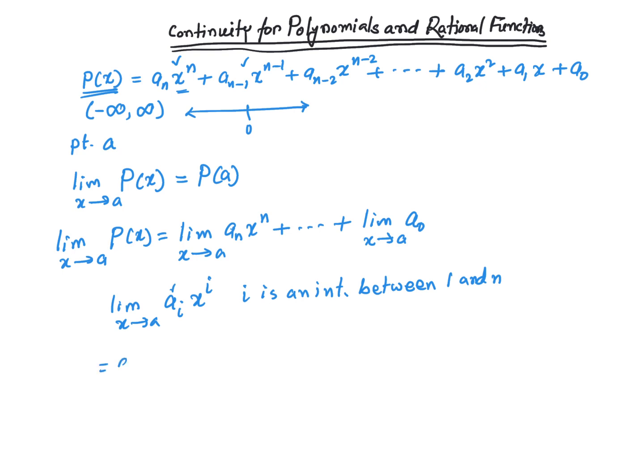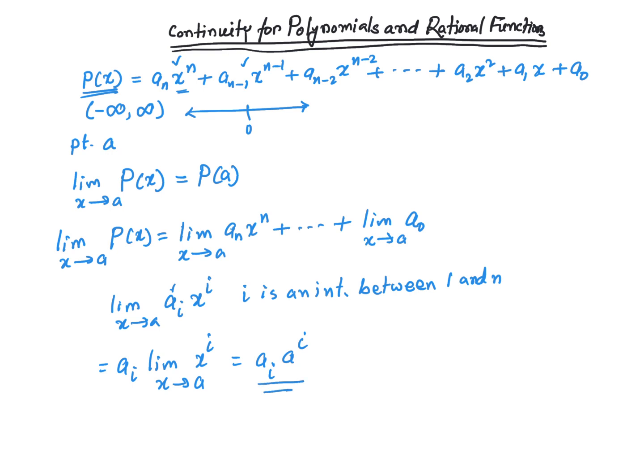So there's going to be a sub i times limit x approaches A of x to the power i, which, by the way, is a sub i times a to the power i. We know that x raised to the power n, limit of this as x approaches a is a to the power n. So this is what it is going to be.